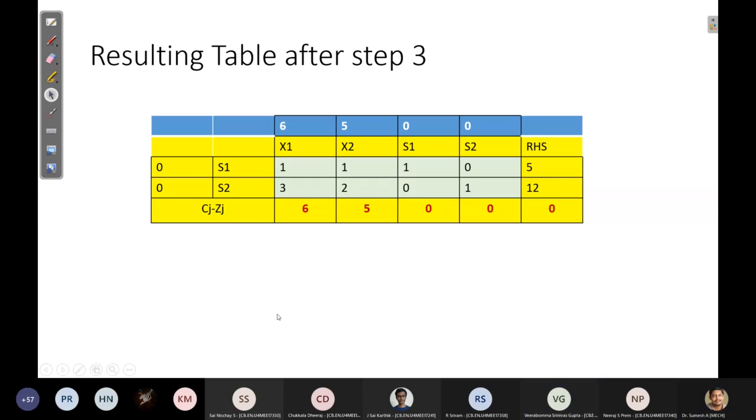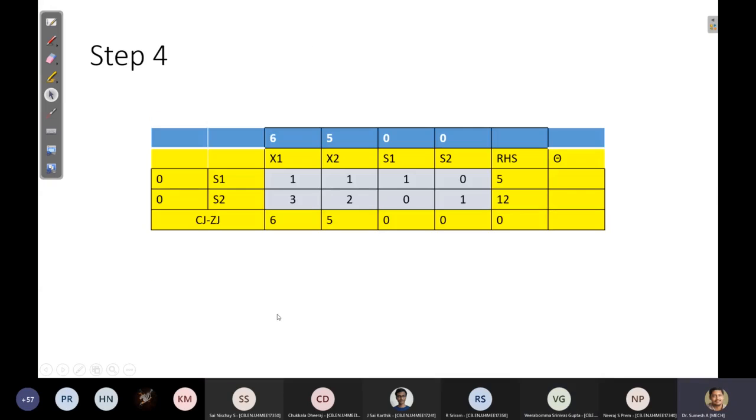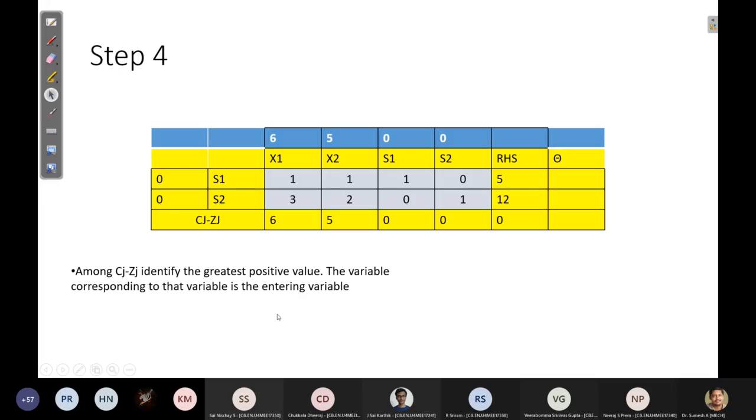X1. So here the greatest positive value is taken, otherwise it will be the largest negative value. That is the only difference which is going to come, however you are computing.